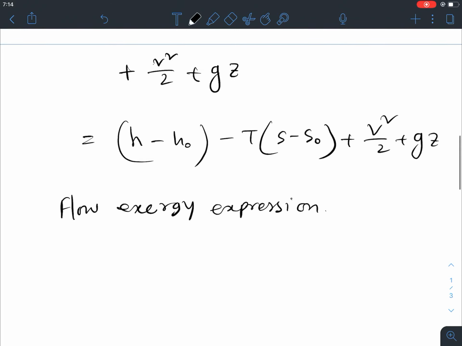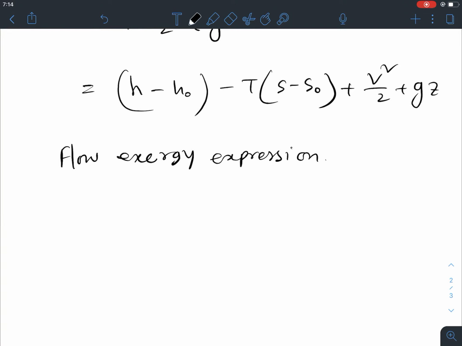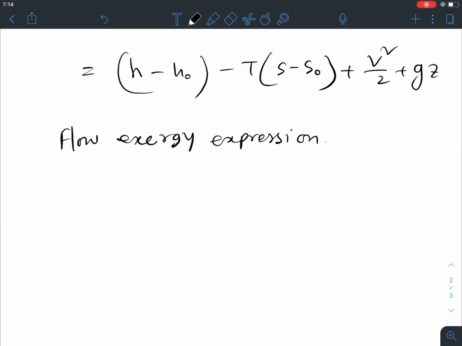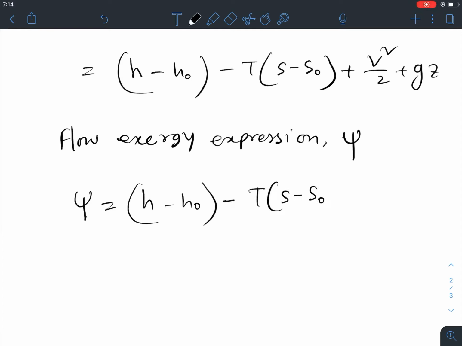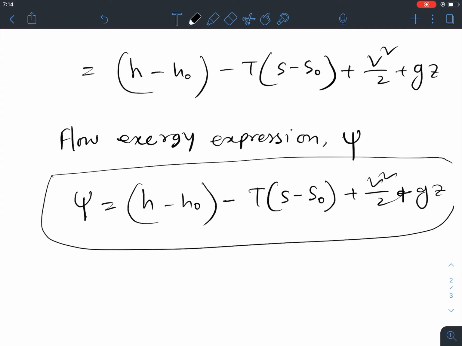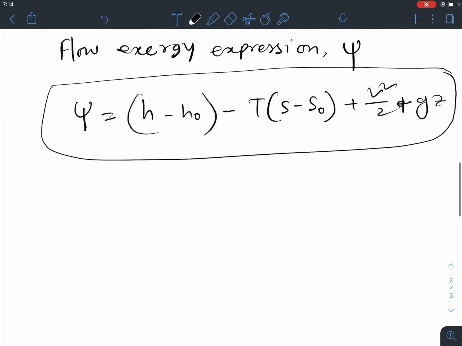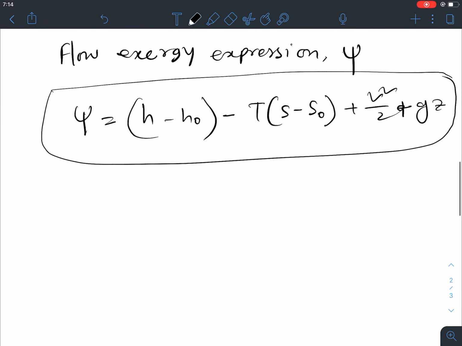The expression of exergy for a flowing fluid, the flow exergy, can be expressed by psi. That psi is basically H minus H naught minus T naught times (S minus S naught) plus V squared divided by 2 plus gZ. This is the flow exergy expression.